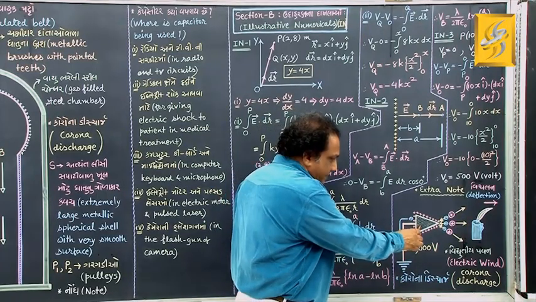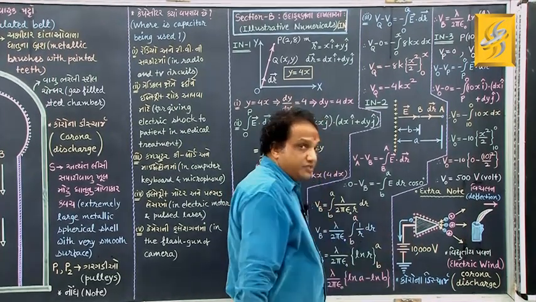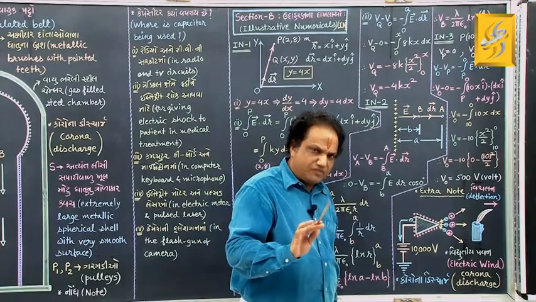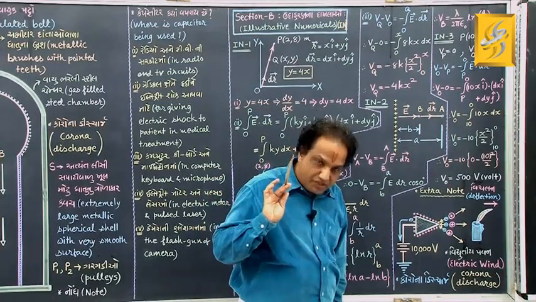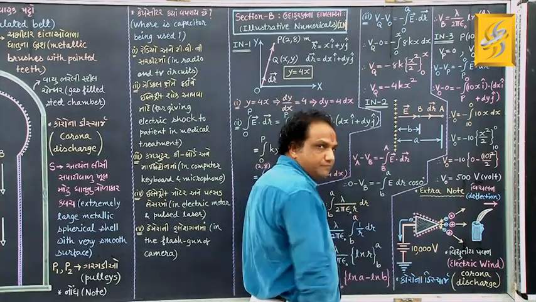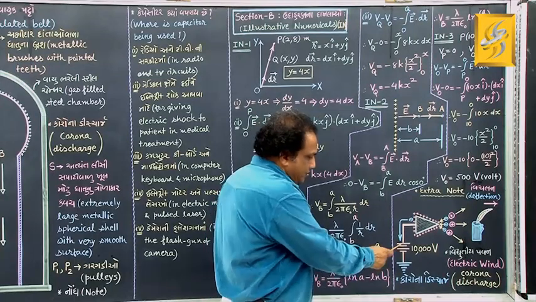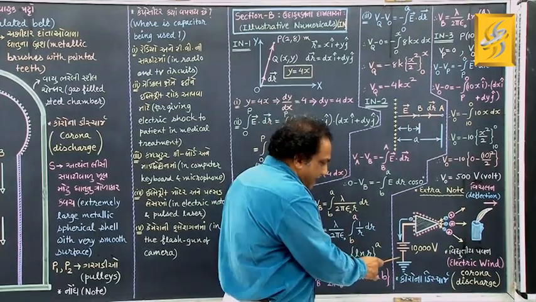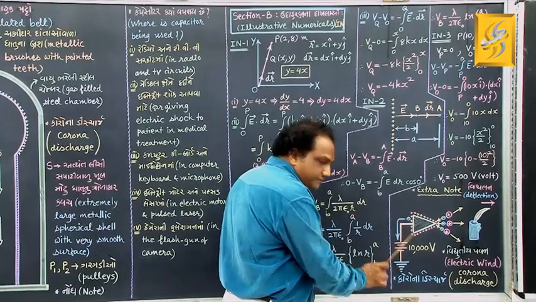Now we connect this plate with a high tension battery. A high tension battery is one which has a very high terminal voltage, as high as 10,000 volt. The positive terminal of the battery is connected with the plate and the negative terminal is grounded.